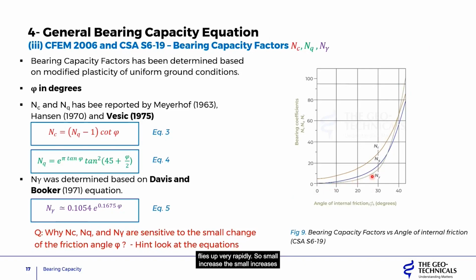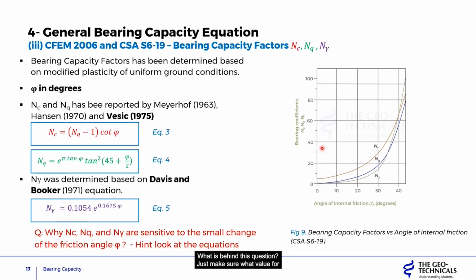Small increase, small increase, small increase, and then it goes up very high. It's simply because of the exponential term, and that's literally the definition of the exponential term. You start with a very mild slope, and then it's exponential, so it goes very high very fast.